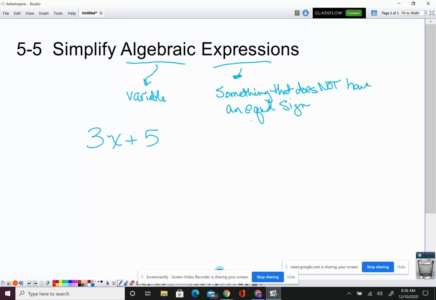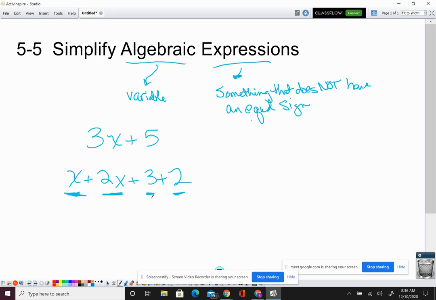I could write that in a different way. I could say this 3x plus 5 is x plus 2x plus 3 plus 2. So there's another algebraic expression, but it has the variable parts that we can add together and the plain numbers that we can add together.